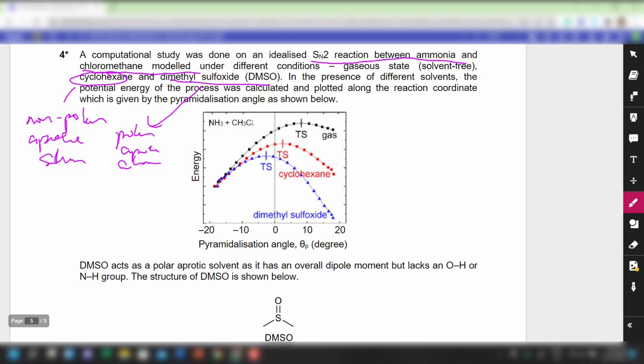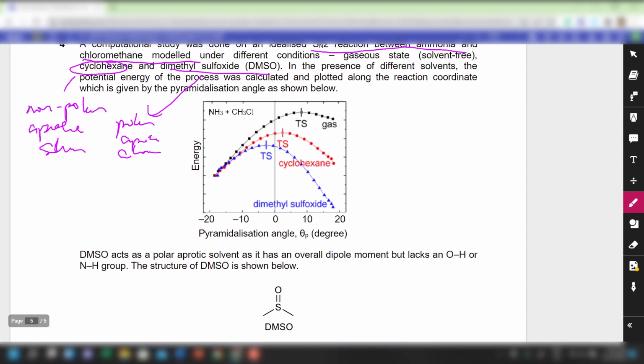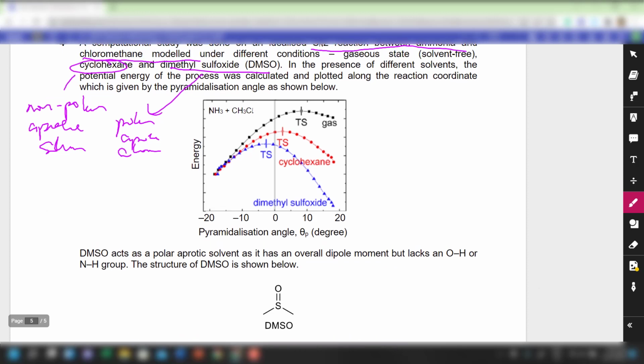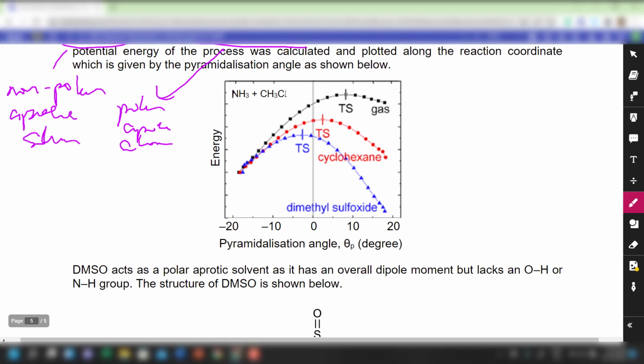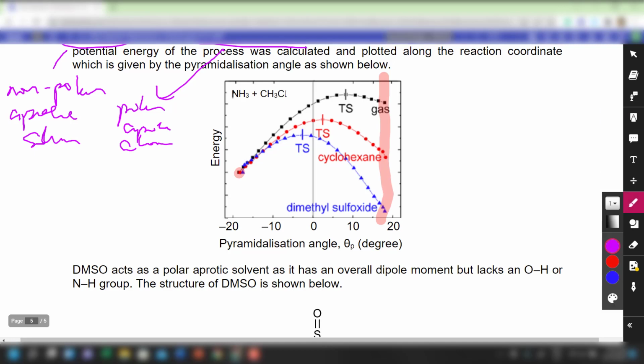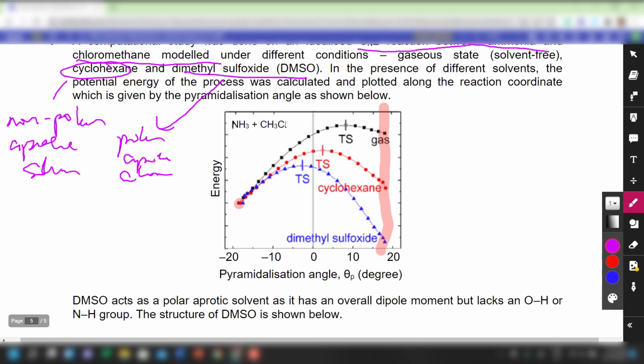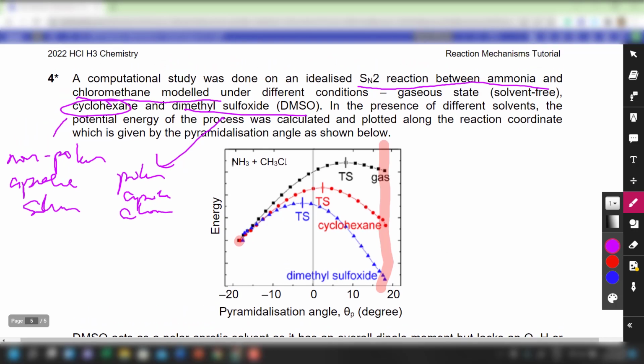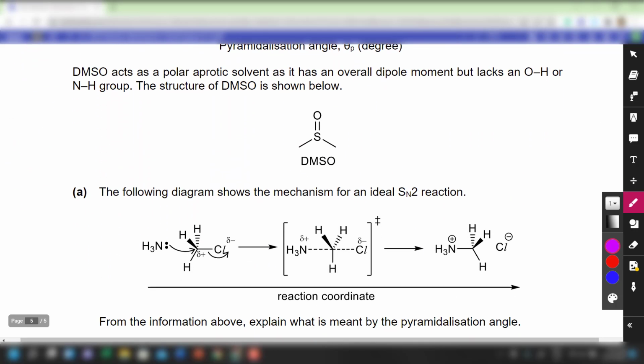Pyramidalization angle. That's quite a mouthful. I think there are a few things we need to understand from this energy profile diagram, so maybe we'll work on it slowly. First of all, we need to understand that the starting point is almost the same, but the ending point is a bit different. We can understand why: let us look at the reaction.